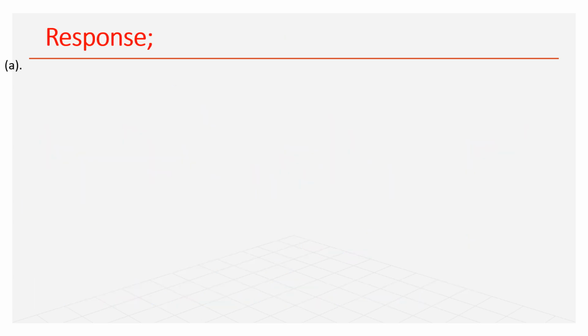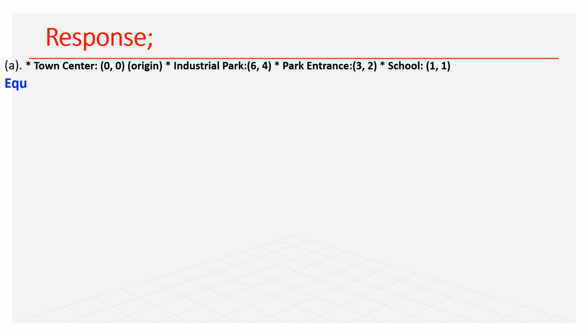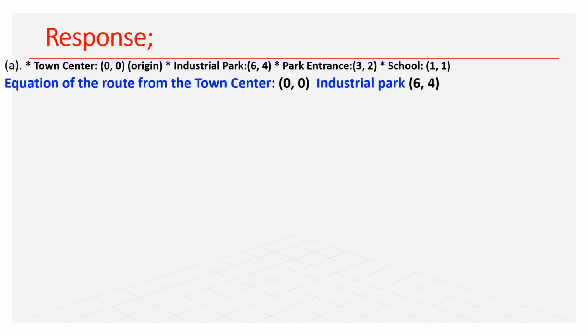Response for part A. Now that we have the information for the town, that's the origin, industrial park (6,4), the park entrance (3,2), school (1,1), we can now get the equation of the route from the town to the industrial park. Since we are moving from the initial point to the final position, let's get the equation now.